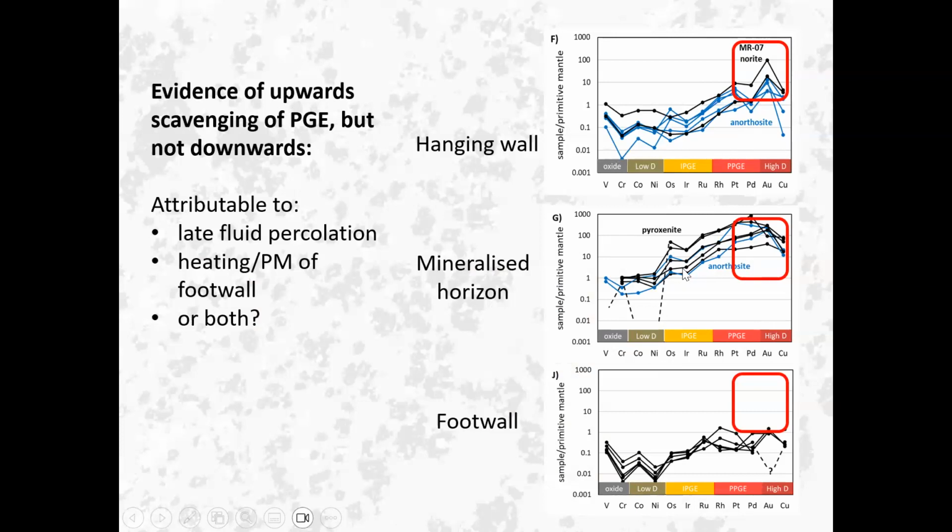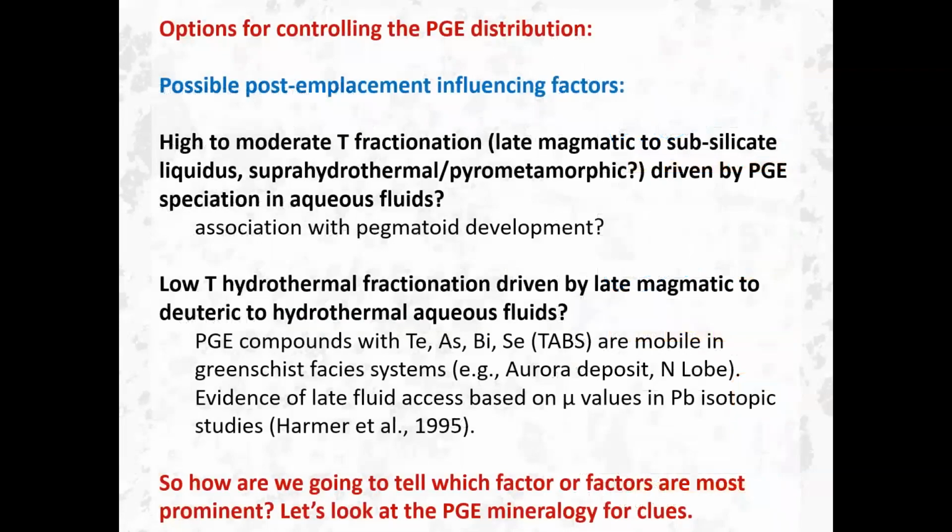Then in the mineralized horizon, the abundances go up. This enrichment in gold disappears. But then in the footwall and anorthositic rocks, we've just removed the palladium and gold peaks completely. So the implication is they have been mobilized upwards based on the distributions.